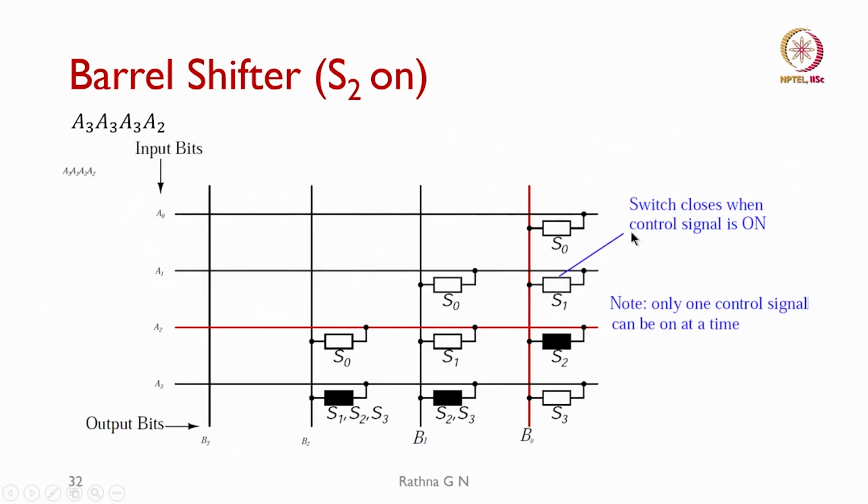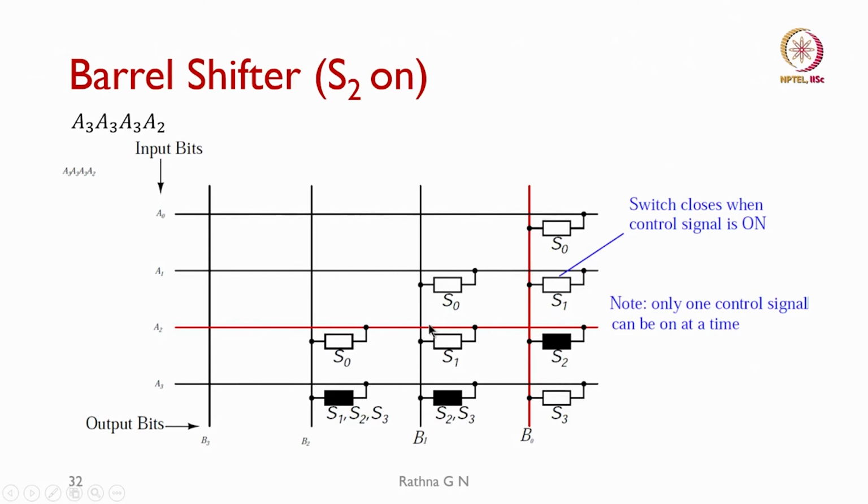As an example, how the switching is done is shown here. What is the result? I want A2, A3, A3, A3 on my B outputs. You will see that the S2 switch is closed, and wherever you see the S2 switch, it is highlighted here. These lines are going to be connected.